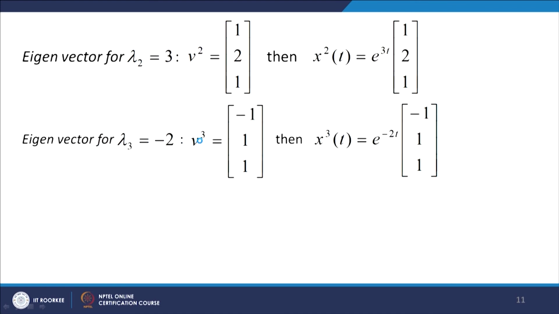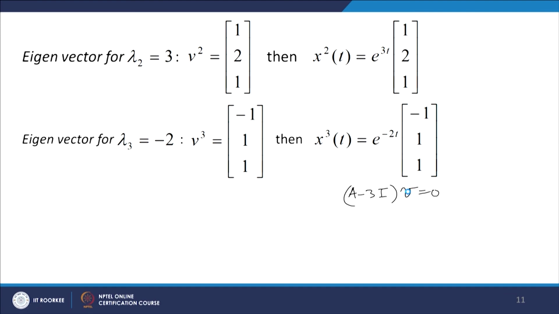Now similarly we can find the eigenvector for the eigenvalue lambda 2 equal to 3. So for lambda 2 equal to 3, we have to solve (A minus 3I) v equal to 0.